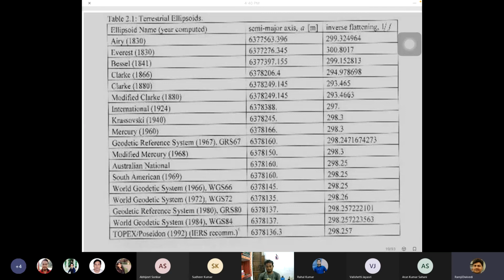It is also true that the locally acceptable ellipsoids were not very different from the global one. It is only the origin which is shifted so that it is best fitted for the country. Everest is the name of the surveyor on which this local ellipsoid was given.